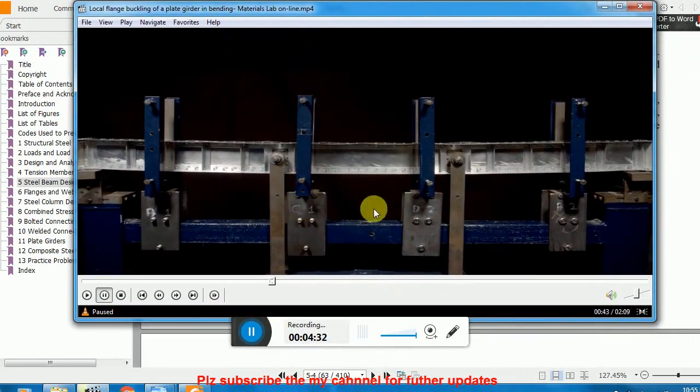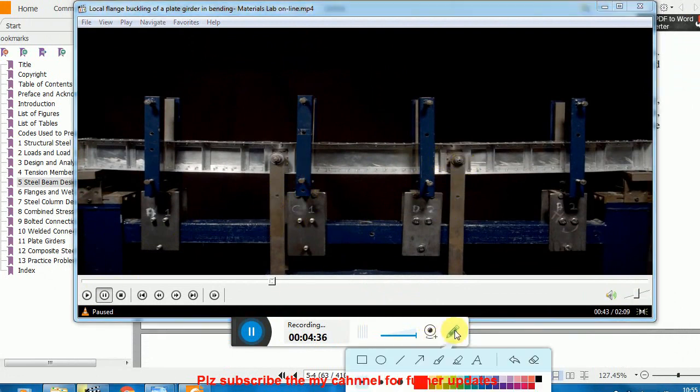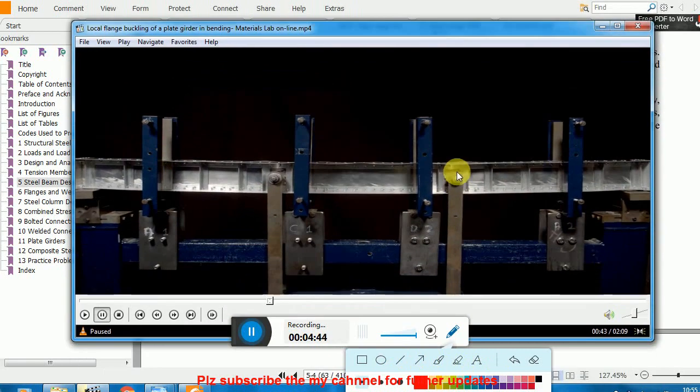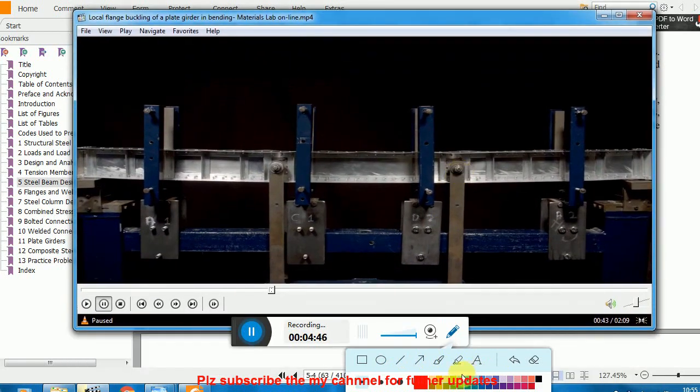You see here the loads are applied at this point and this point. Loads are applied at these points, in this downward direction here, and these provide lateral stability.